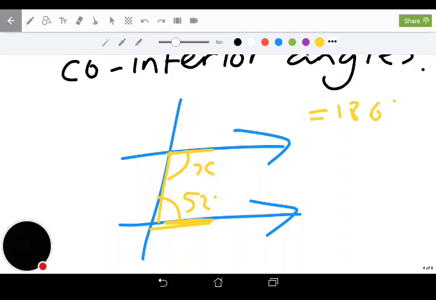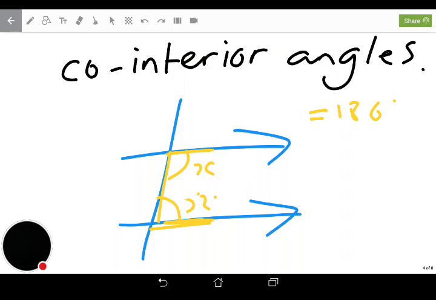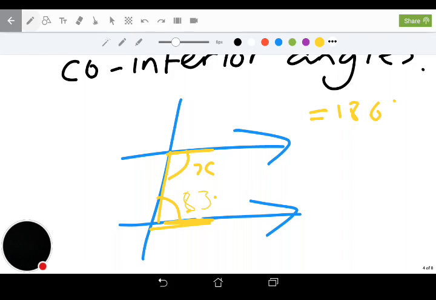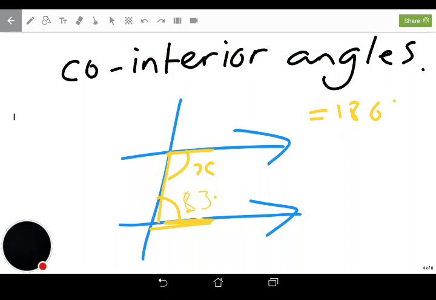sorry, I'm just not going to call that 52. Call it 83 degrees. So if this is 83 degrees and that is X, and we want the value of X, how you would do your calculation is you'd subtract that from 180. So it would be 180 minus 83, which leaves us with 97 degrees.